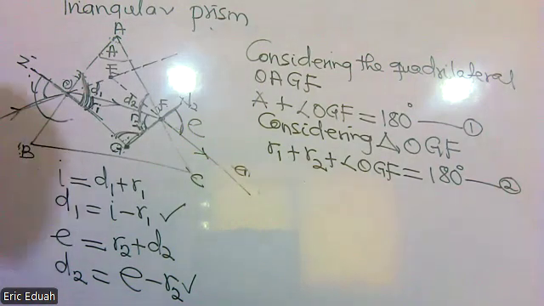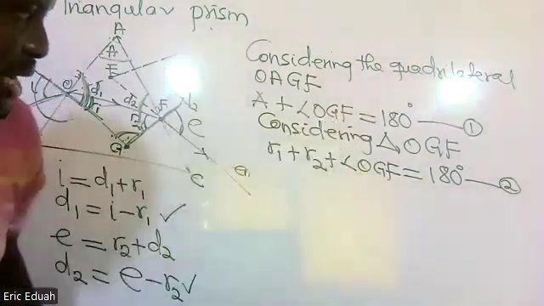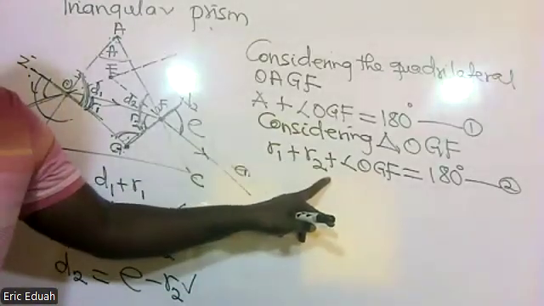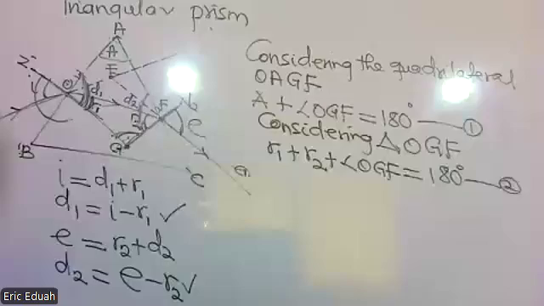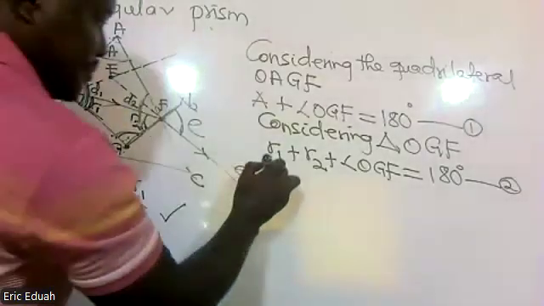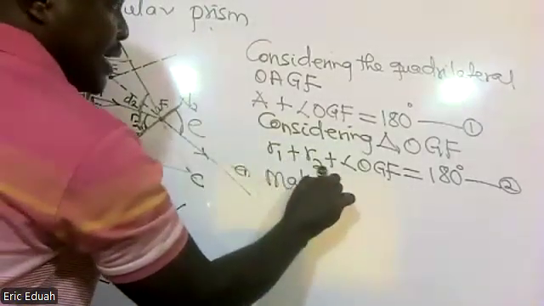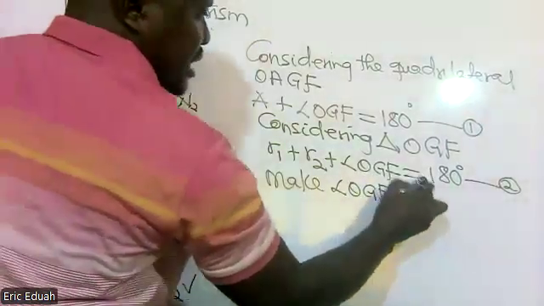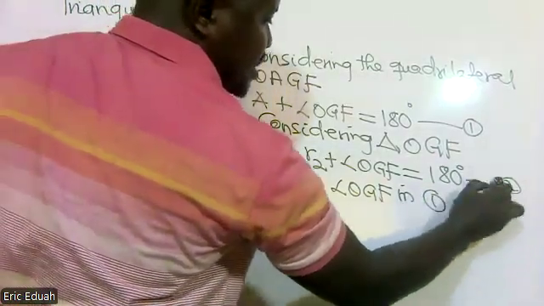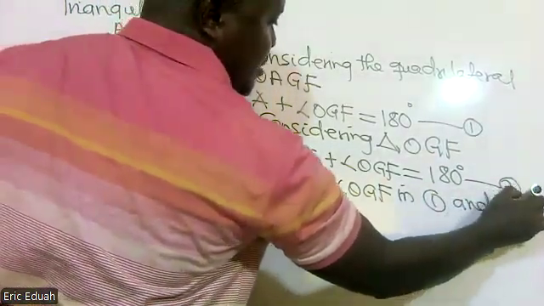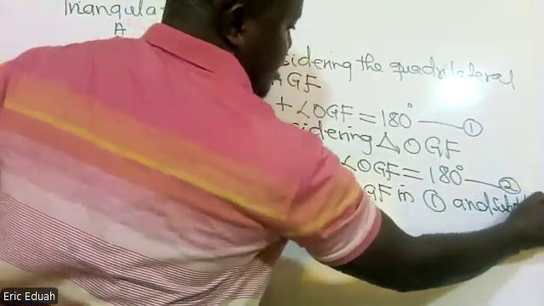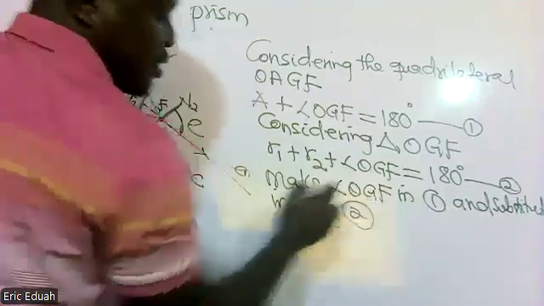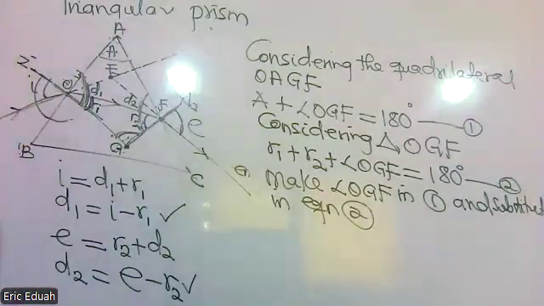Now, what I want you to do is that from equation 1, make angle OJF the subject and substitute that into equation 2. Make angle OJF the subject in 1, substitute in equation 2 and simplify.